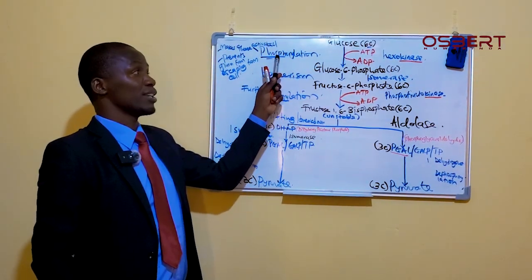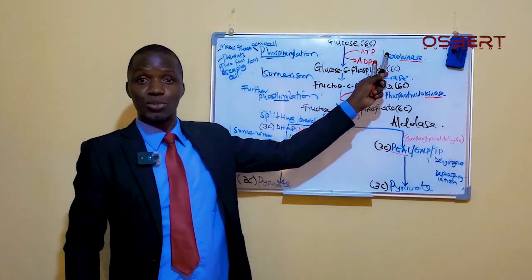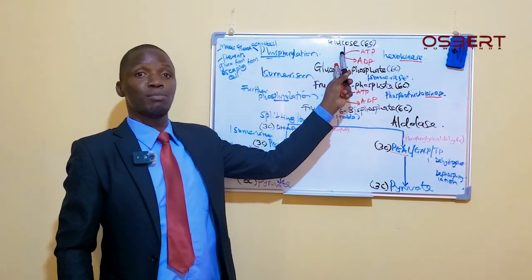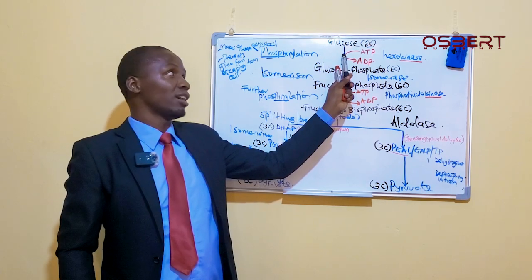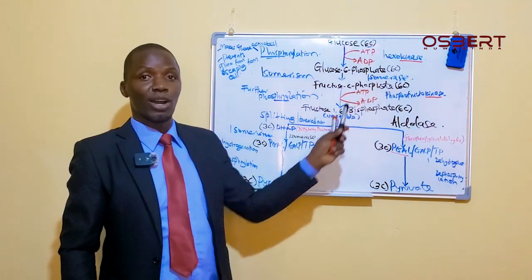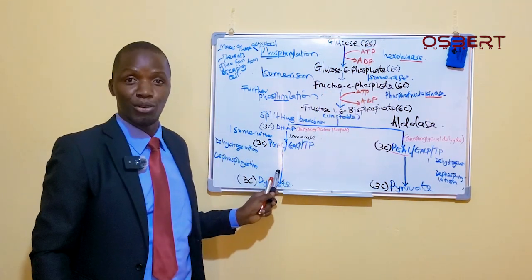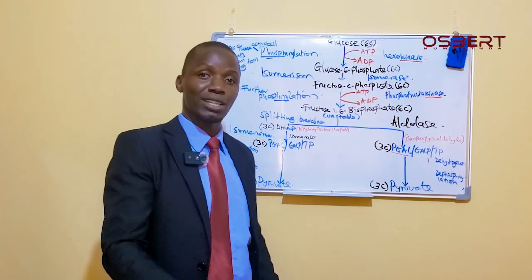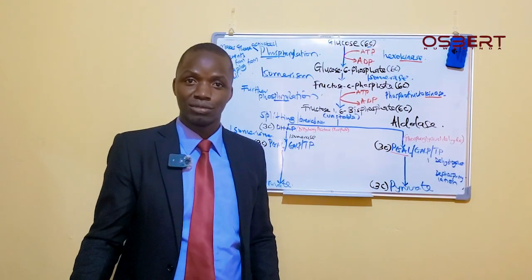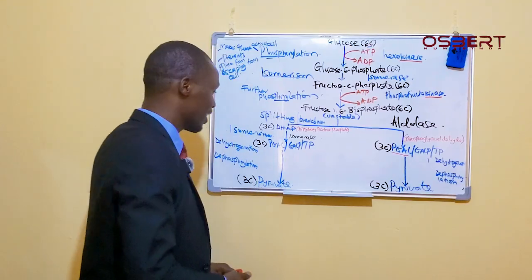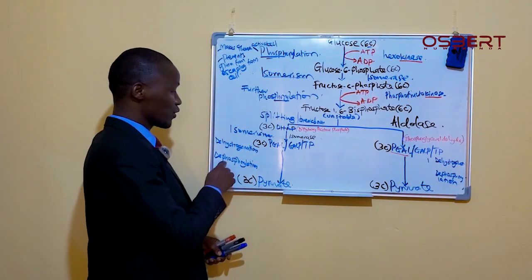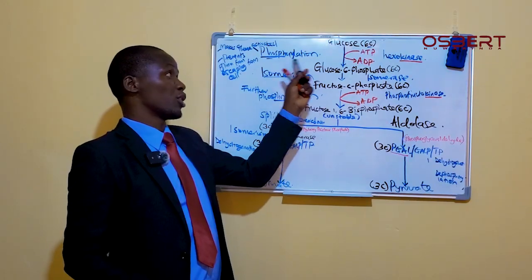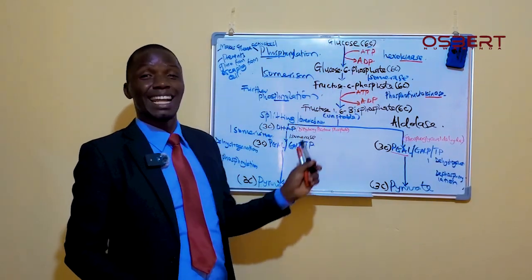So if in phosphorylation, ATP was providing a phosphate, and it was turning into ADP, now this is the point when ADP will come and say, here I am, I need back what I gave you. So in dephosphorylation, we are just doing the reverse of phosphorylation.